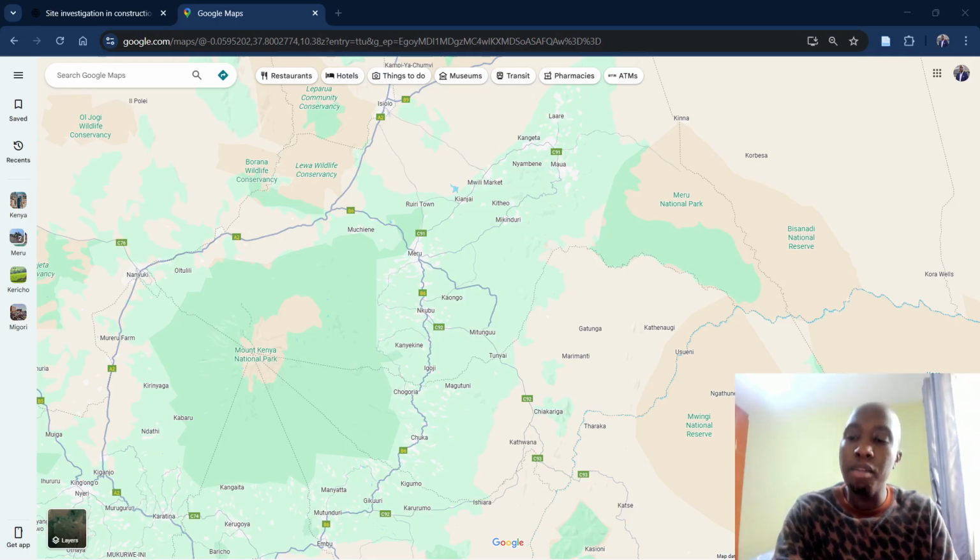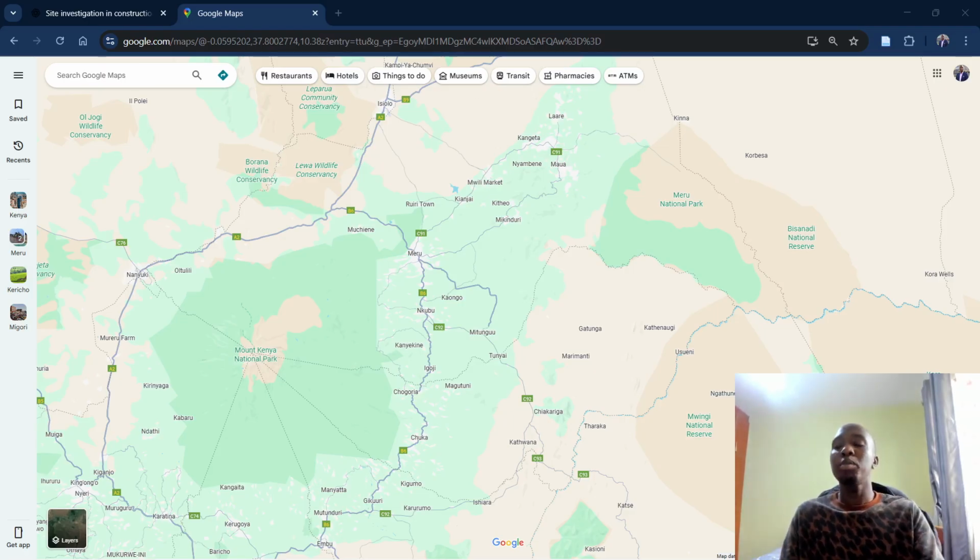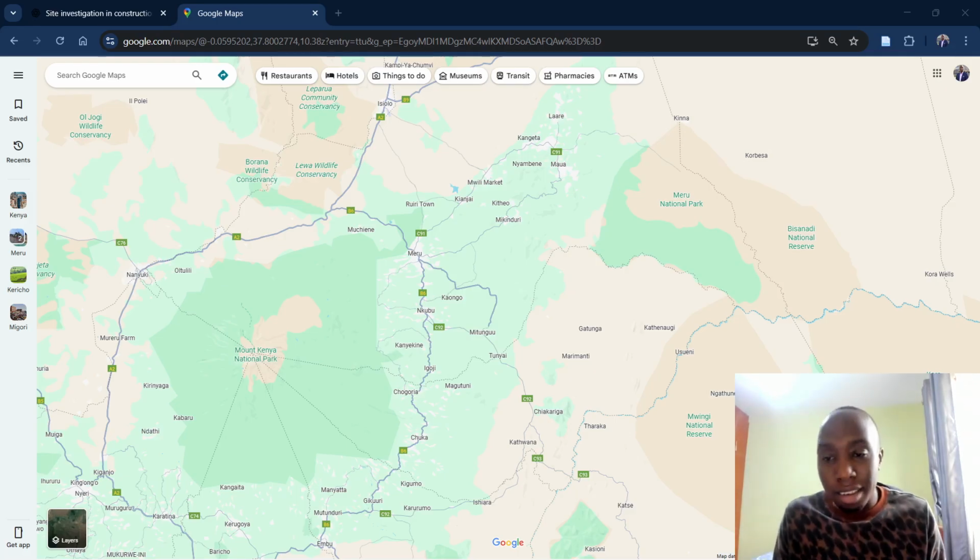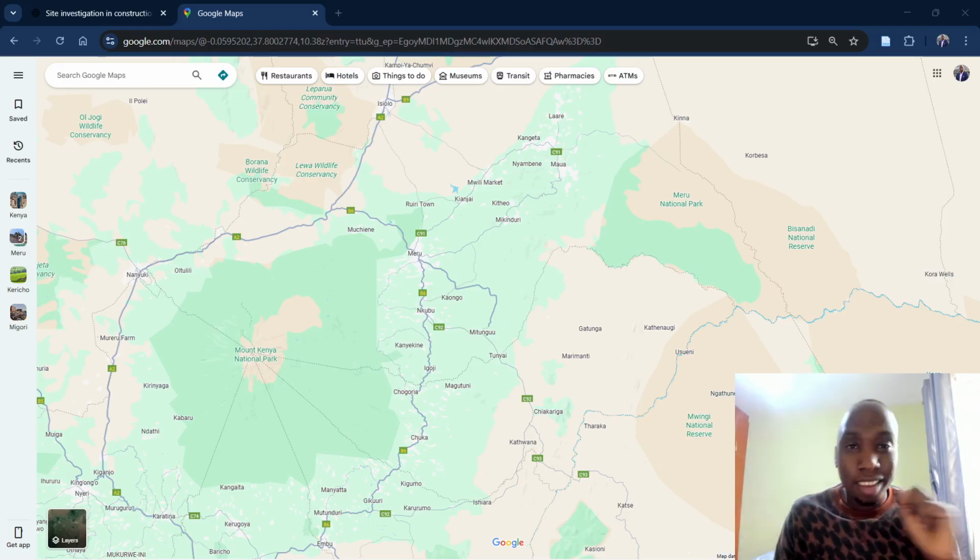You can even have in situ field density tests, like sand replacement, and many other tests that can be done in the site.